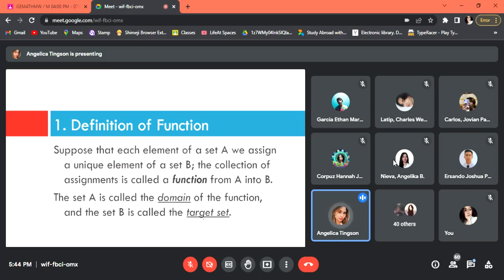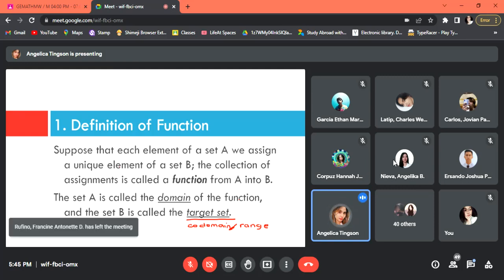Okay, so ito, minsan, itong target set, tinatawag din natin siyang codomain, and range. Okay. So, ulitin ko sa function, may makikita niya example niya. So, si set A, we have two sets, no?